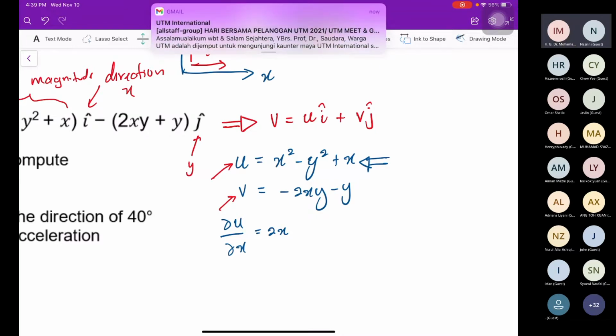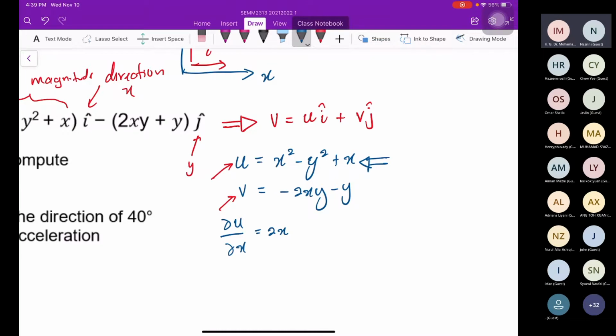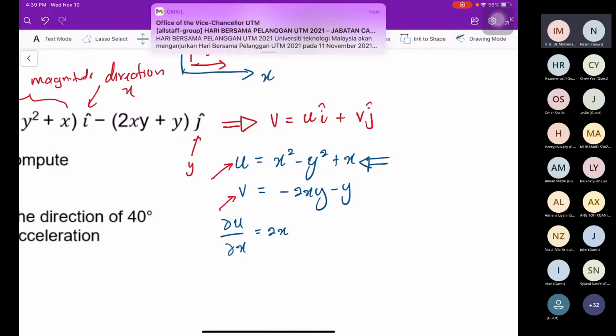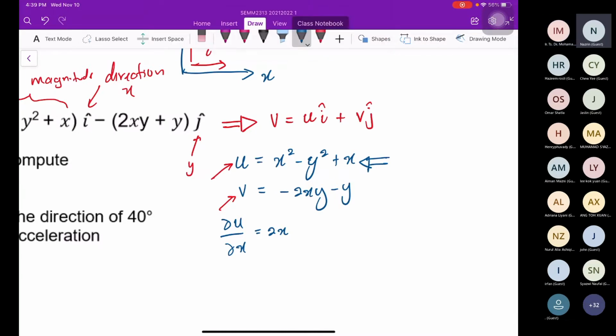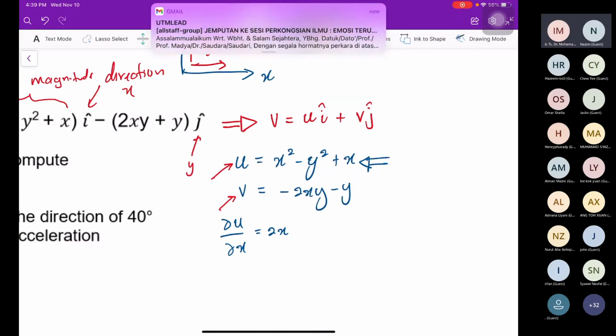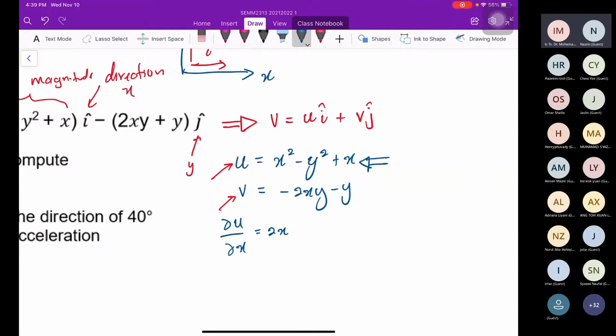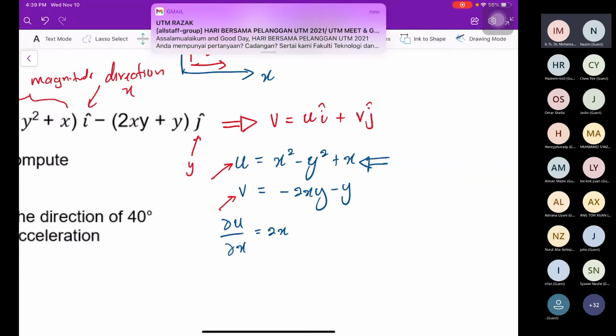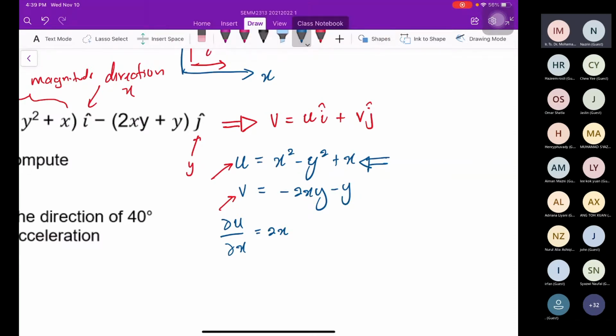Class, do you know how to differentiate? Negative y power 2, right? Okay. Any questions, any answers? Is it negative y power 2? Okay, any other idea?